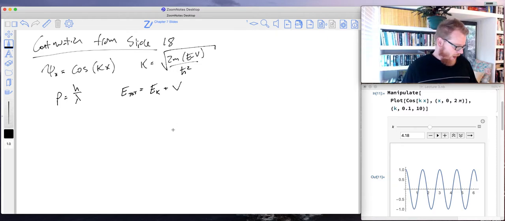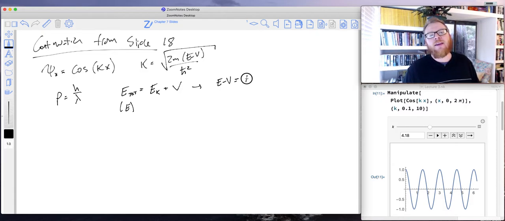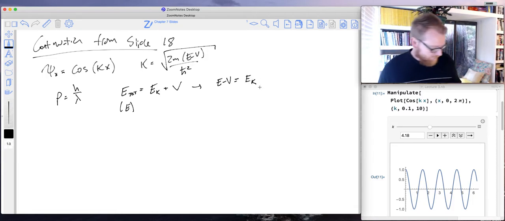So then we know that, therefore, and I'm just going to put in parentheses E from our Schrödinger equation, doing some algebra here, that E minus V is going to give me the kinetic energy, right? The difference between the total and the potential is the kinetic.